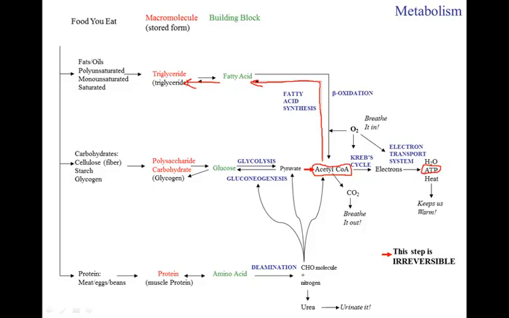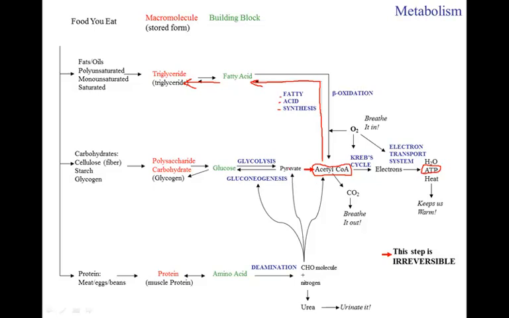The only way acetyl-CoA can go, besides burning it for energy, is a fat. It cannot be converted to pyruvate, remember, and it does not go back to any of the amino acid structures. It can only go this way, fatty acid synthesis, which is depressing because as soon as you eat one extra molecule of whatever, whether it was a Twinkie or a piece of broccoli, that extra acetyl-CoA is stored as fat.